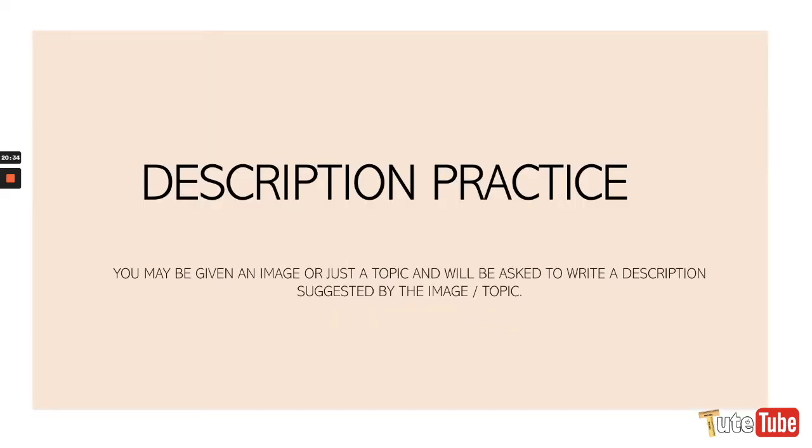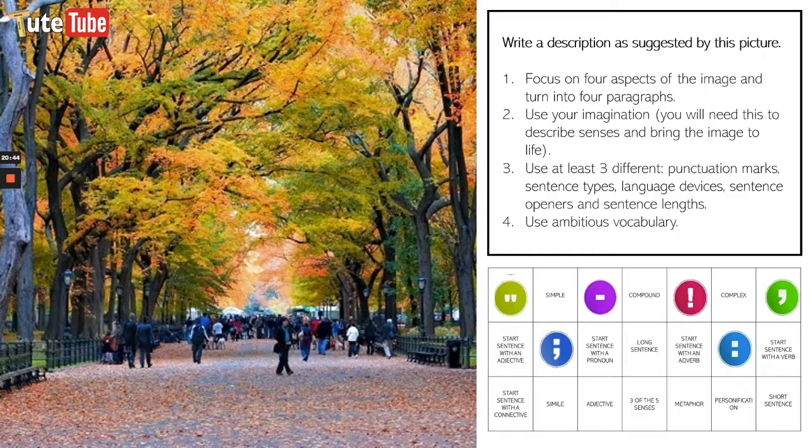Okay, so description practice. You may be given an image or just a topic and will be asked to write a description suggested by the image or the topic. Here is an example. So I've given you an image here, and your task might be to write a description as suggested by this picture. It will usually say as suggested because it doesn't want you to just focus only on this picture.